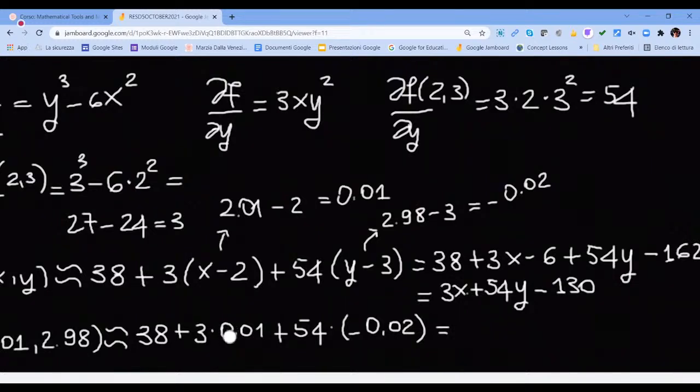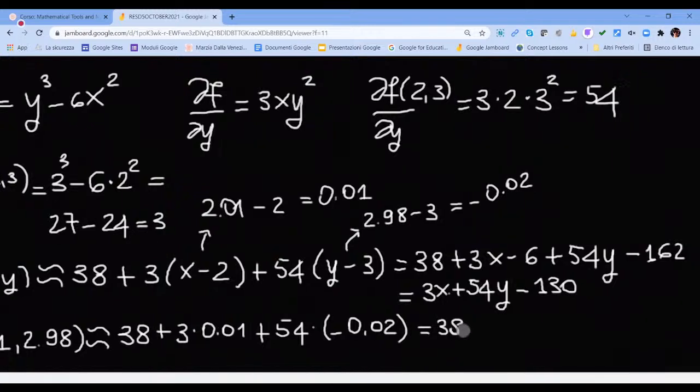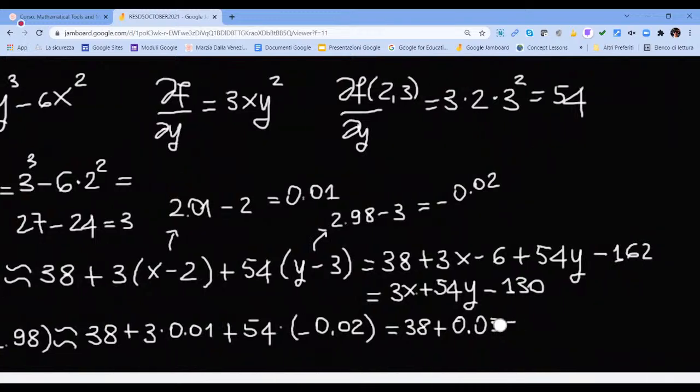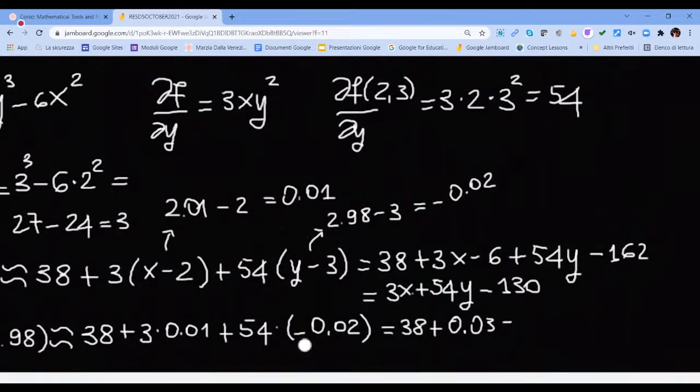This is 0.03, the second term, and the third term is 54 times 2, divided by 100. This is 108, and divided by 100 is 1.08.